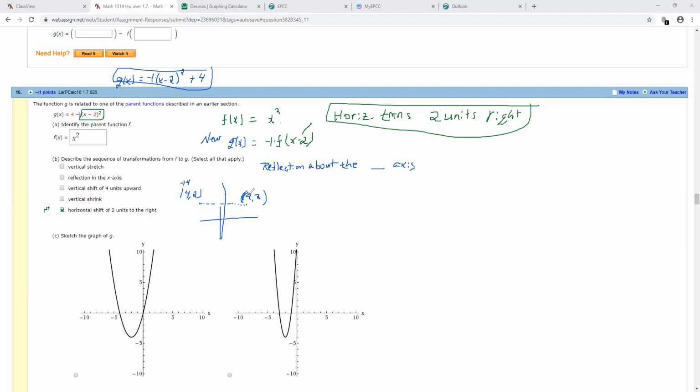X value. So the multiplication is, if it was right next to the x, if it was right inside, then that would be a reflection over the y-axis. If it's outside the entire function, that's when you reflect the y value. So when this point reflects over the x-axis, that's when you multiply the y value by negative 1. So that's what's happening right here.